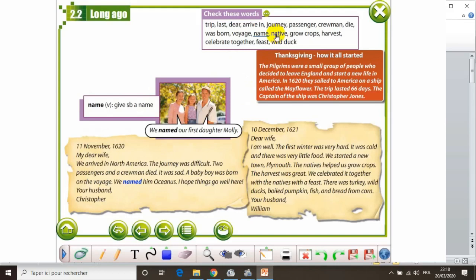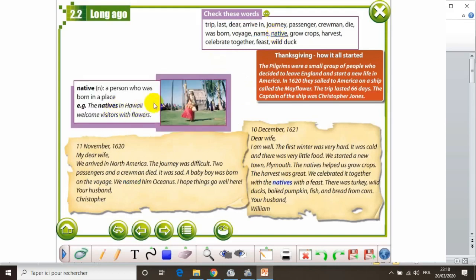Native. A person who was born in a place. The natives in Hawaii welcome visitors with flowers. Natives, for example, as Moroccans, we are in Morocco. We are native people because we were born in this land.